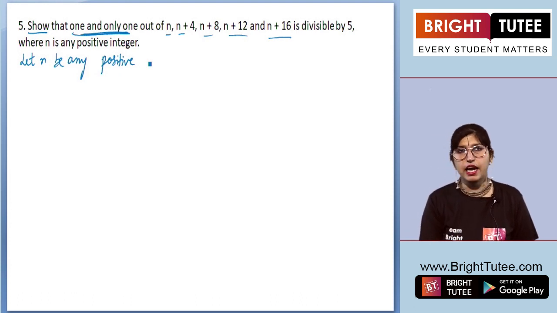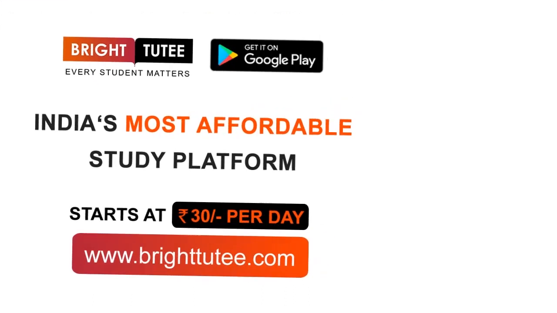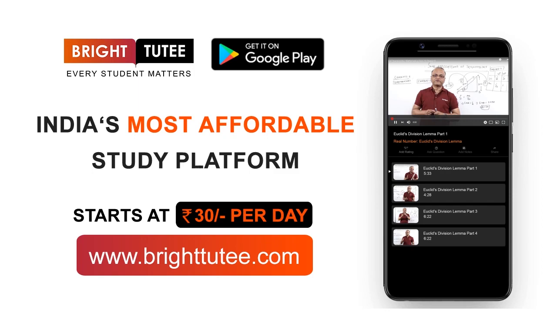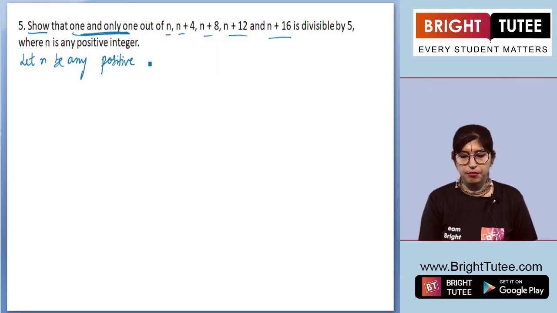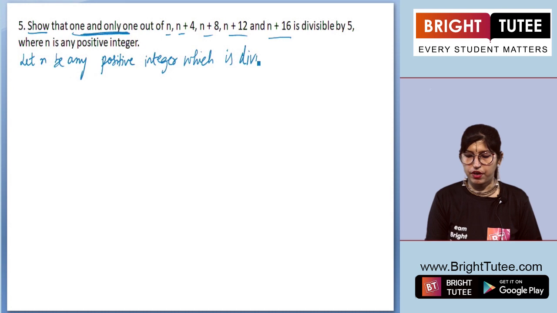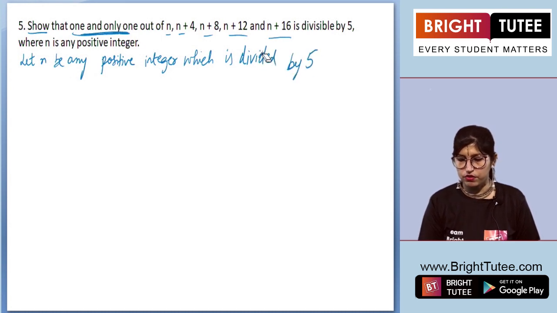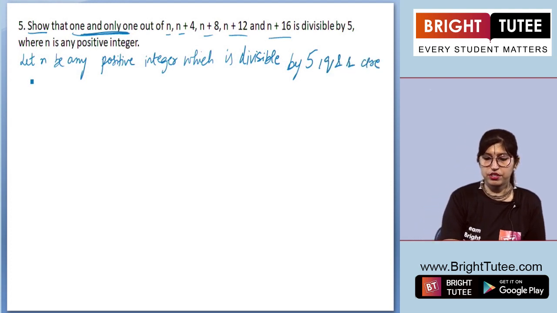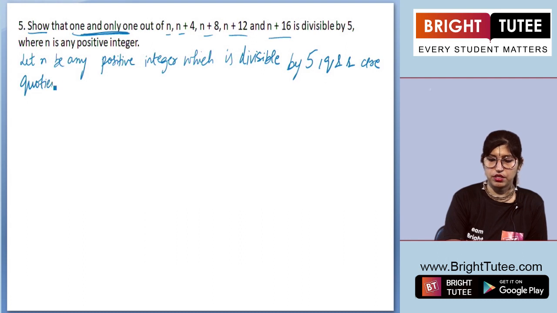And now let's start with the solution of this question. Let n be any positive integer which is divisible by 5. q and r are the quotient and remainder.